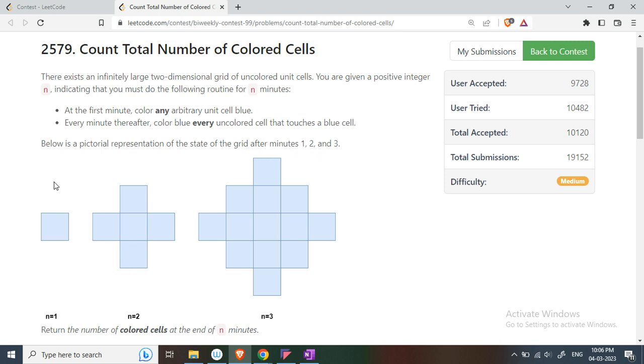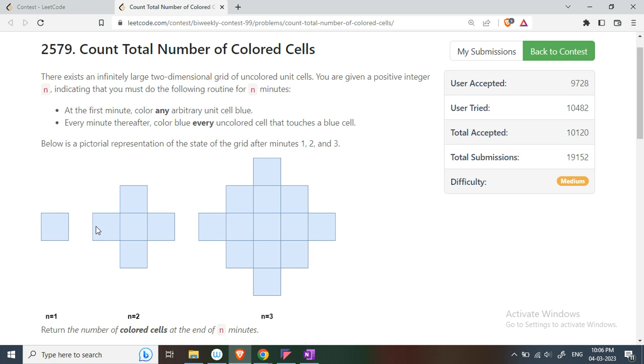At the second minute, the number of edges in this square is 4, or adjacents is 4. So we have to color the squares present adjacent to it. The total number of squares present in this figure is 5.